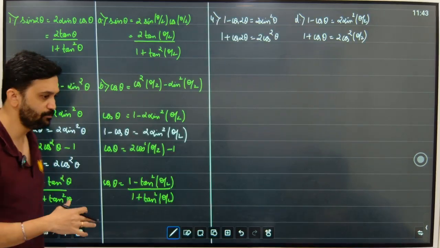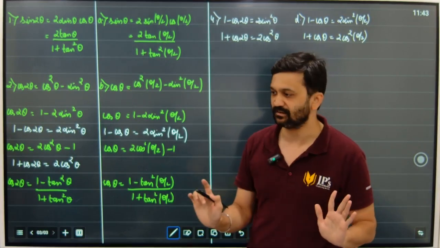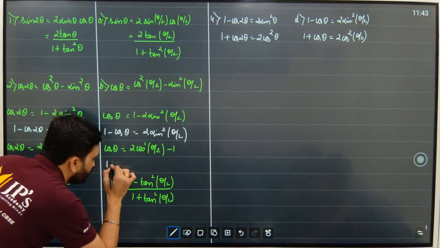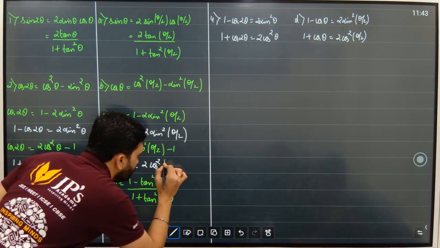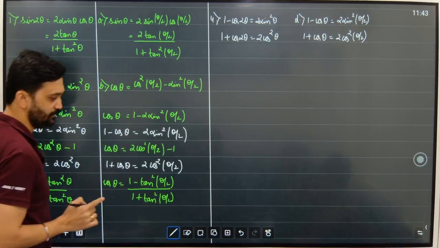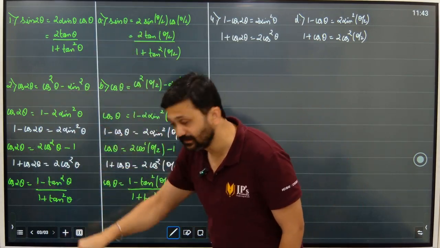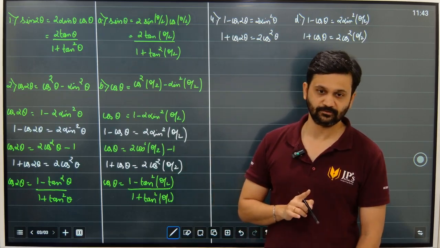So no new formula is being derived, it was already present, we only interchanged the position. That's it. And look at this. 1 plus cos theta is 2 cos square theta by 2. This is what exactly we have written. So from cos 2 theta I derived 2 sets of formulas. Anybody has any doubts here?